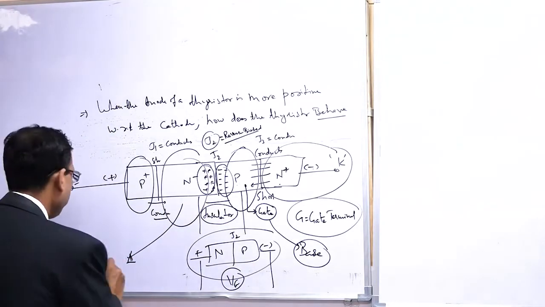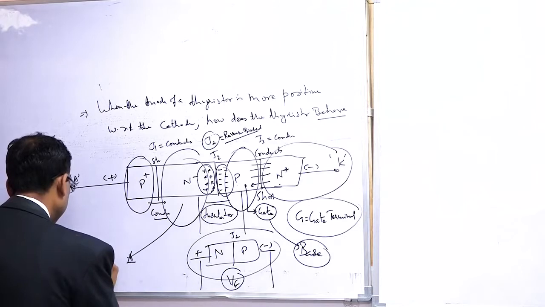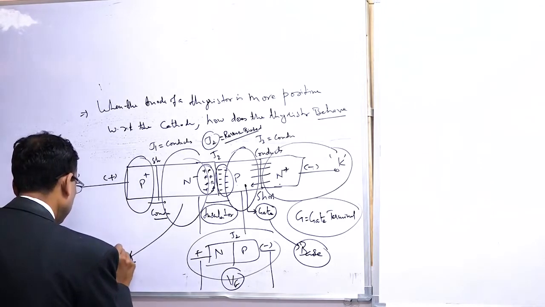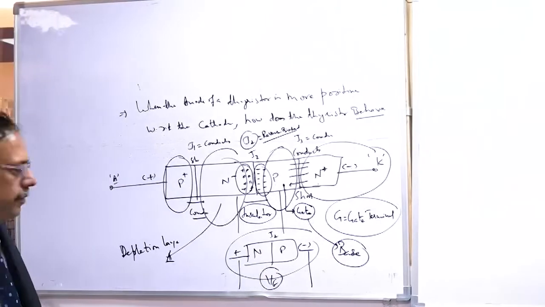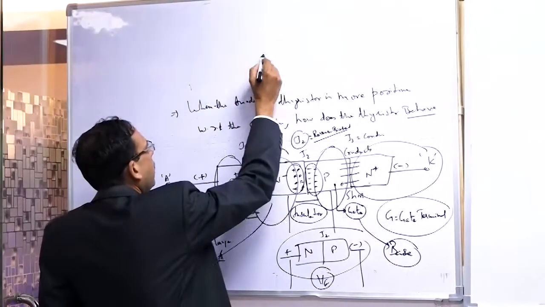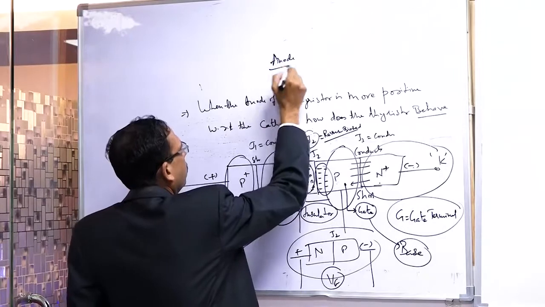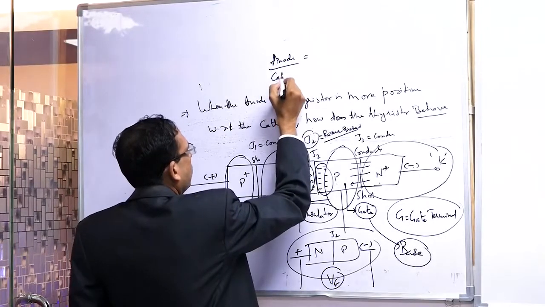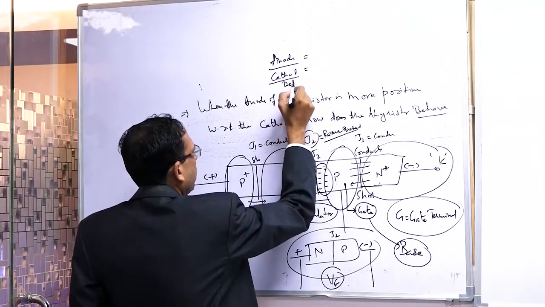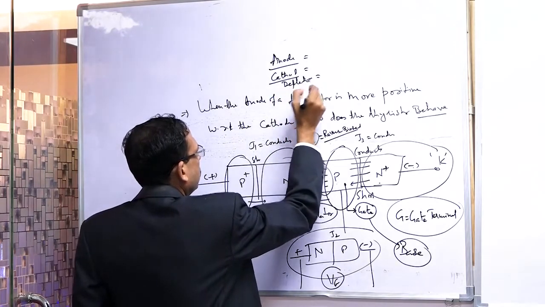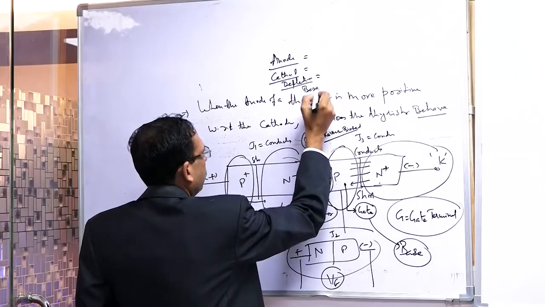This is called the depletion layer. In a thyristor, there are 4 layers: anode, cathode, depletion and base.